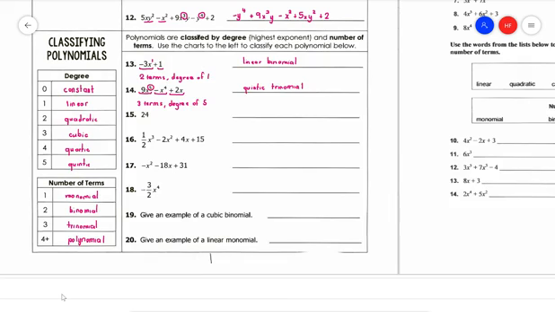Number 15, 24. It has 1 term, and its degree is 0. Anything that's just a number is a degree of 0. So this is a constant monomial.